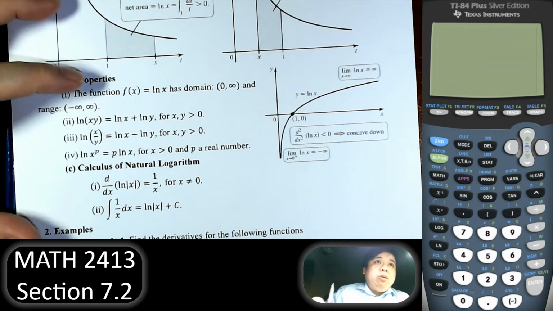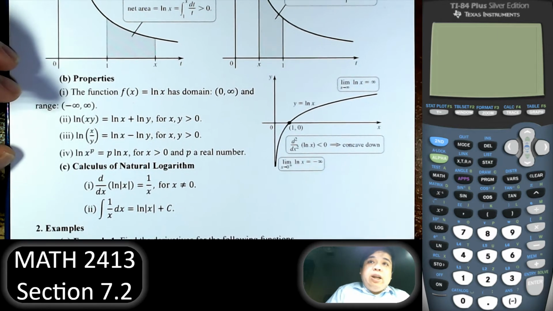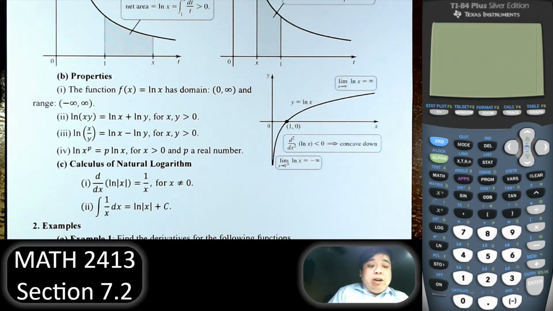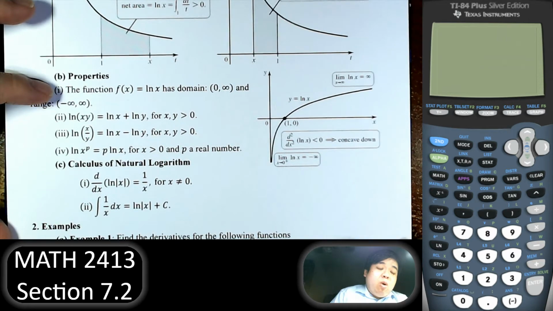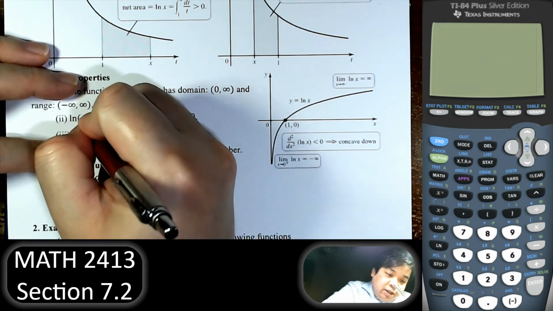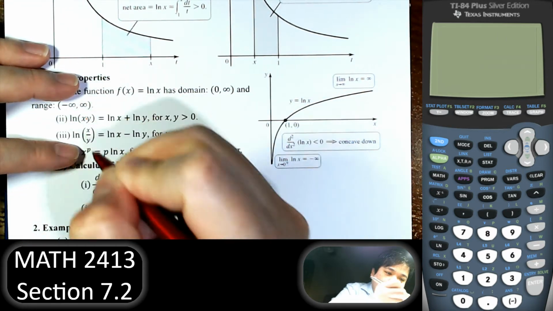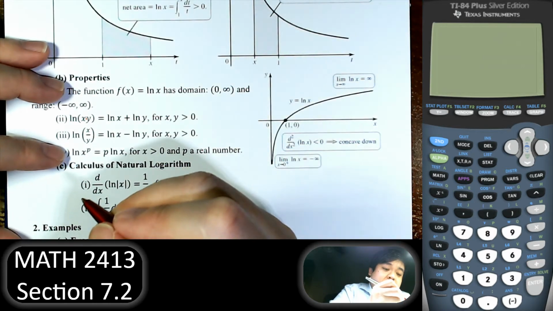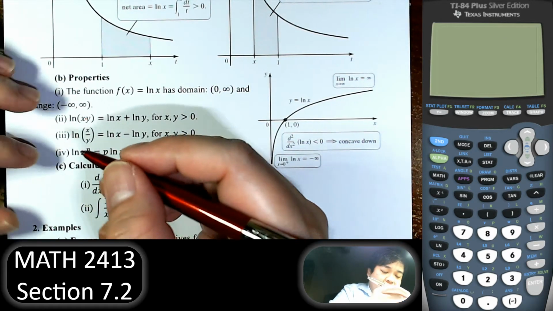Next, we have these properties. Even though in terms of calculus, derivative and integral, they might not be as important as what we have in algebra, knowing this will help us a lot.